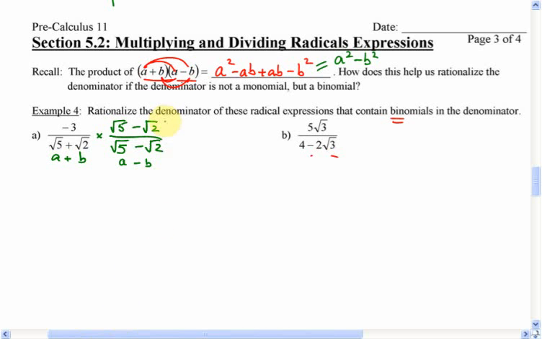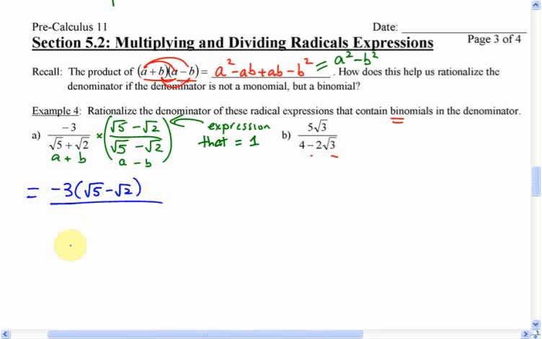This is your expression that equals 1. Then I'm going to ask you to please simplify this by doing some multiplication now, and we did multiplication last day. So we have this on the top, and then on the bottom, I'm going to ask you to multiply out this set of binomials, and let's see what you get in the end.